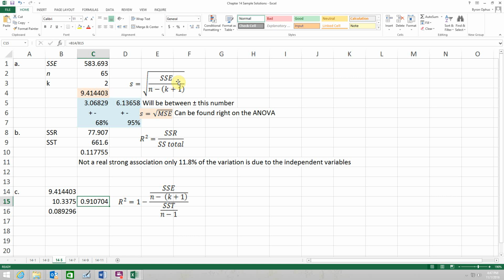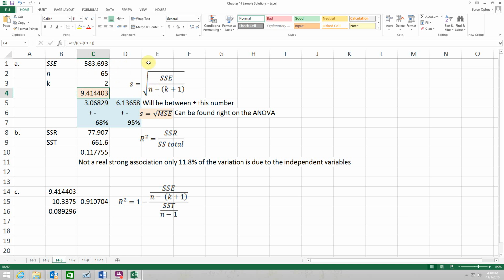If you go to the column headed by SS, the SSE is actually the residual error. You go down to the row that says residual error, and where those cross, it's 583.693. So it's going to be that divided by n, or 65, minus (k plus 1), or 2 plus 1. So really it's this divided by 62.